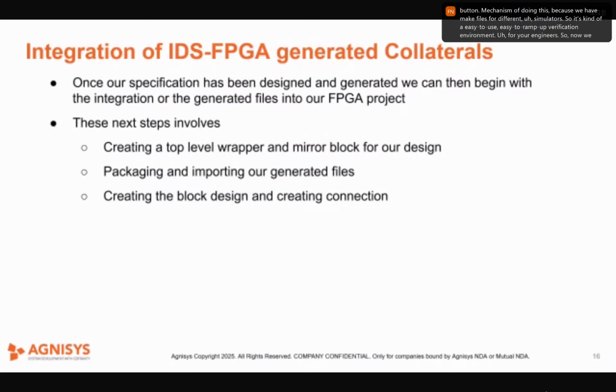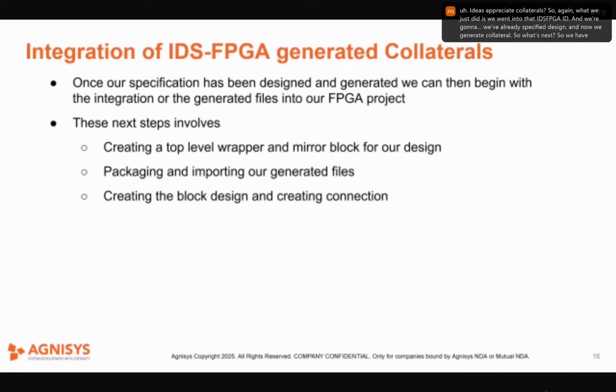So now we can see what the tool can generate. Now let's see the application of that in your FPGA flow. We're going to look into the integration of IDS-FPGA generated collaterals. What we just did is we went into that IDS-FPGA IDE, we've already specified the design, and we generated collateral. So what's next?